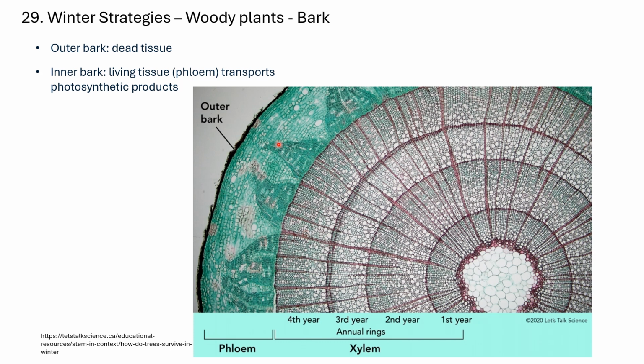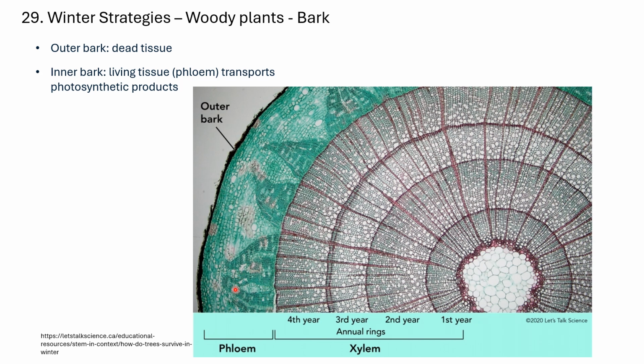Okay, so we've got the outer bark, it's dead, and then we've got this inner bark, which, we mentioned the terms vascular and non-vascular plants last lecture, and we said that vascular plants have vascular tissue like xylem, which transports water and dissolved materials, and phloem, which transports sugars, products of photosynthesis.